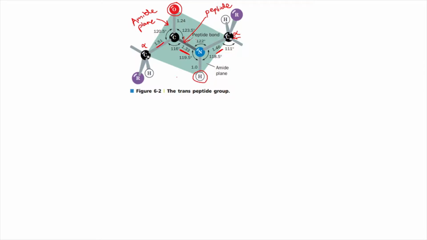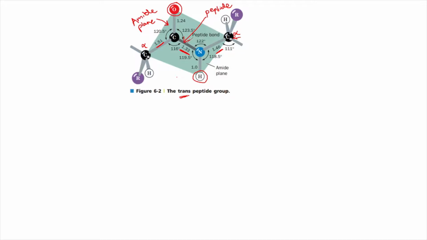Because oxygen and hydrogen are placed trans to each other, this structure of peptide bond is called a trans peptide bond. Oxygen is on the upside, hydrogen is on the downside, so they are opposite to each other. This position is called the trans position, and such a peptide bond structure is called a trans peptide bond structure.